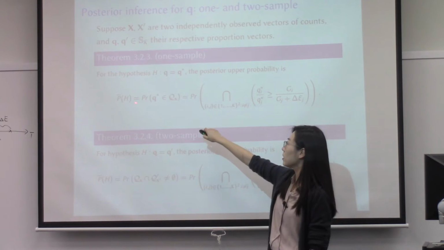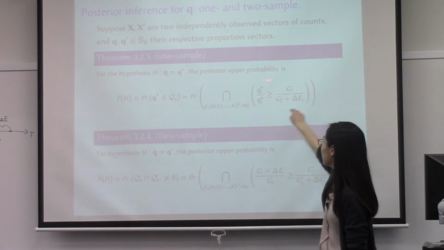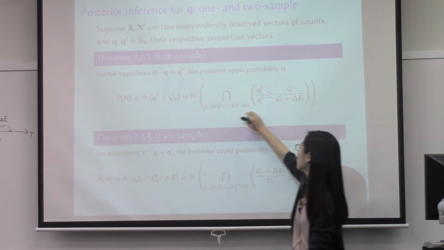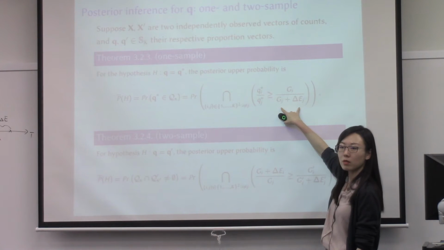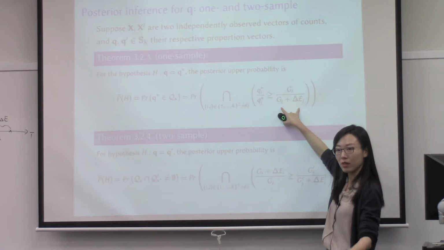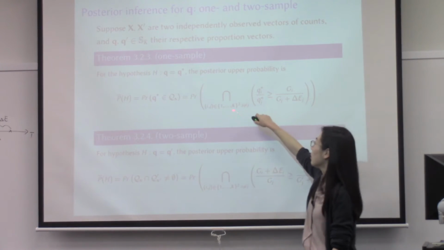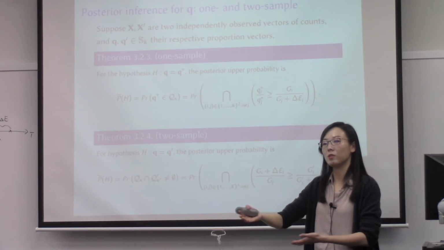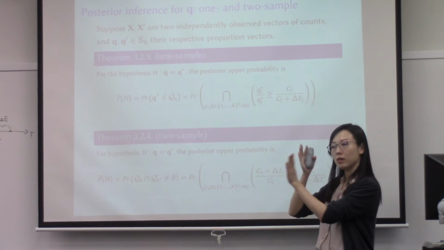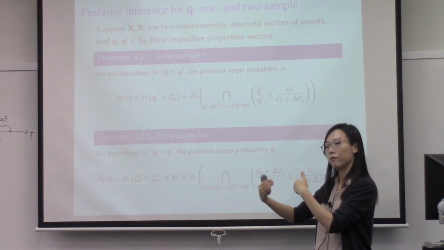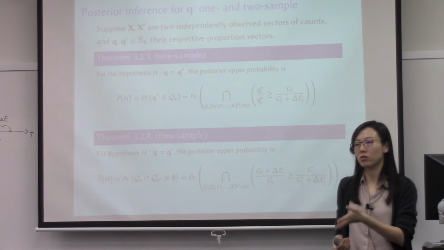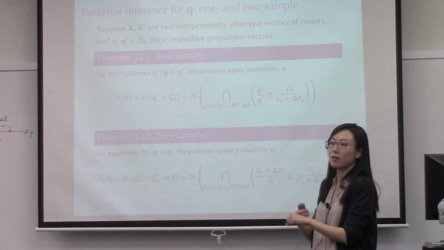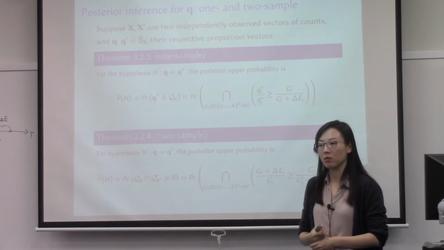Then the posterior upper probability for that is just the probability of intersection, where this probability is generated by the g's and the delta e's, which are just the gammas and exponentials. That would just be the probability of all of these sides being on the same side, as we have shown, because for all of the sides, the two-dimensional projections would have to intersect. That's the equivalent of knowing that my Q lives inside of a polytope.